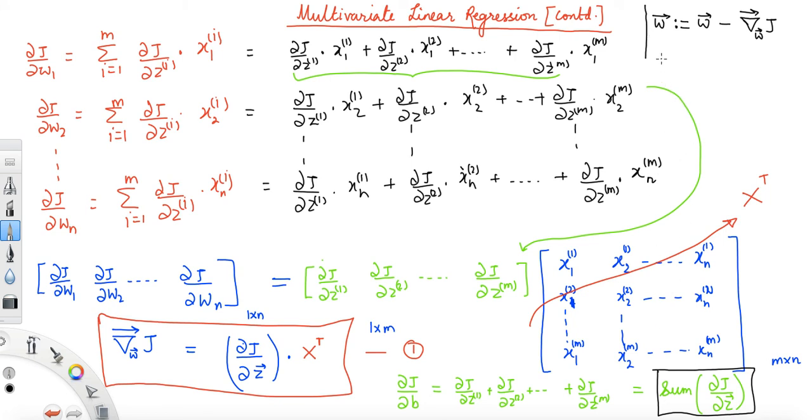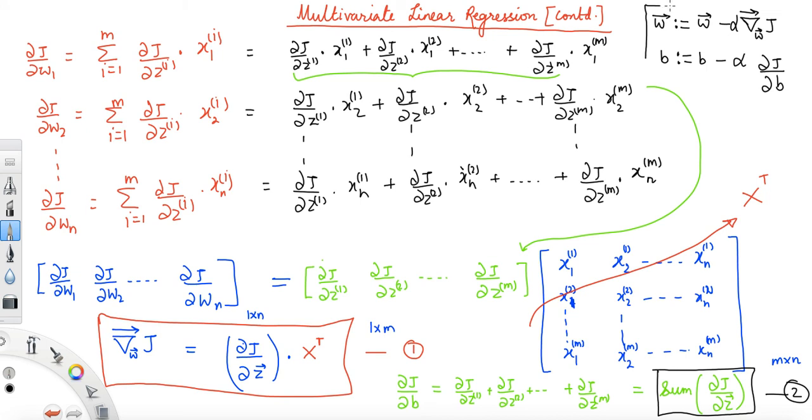And similarly for bias b, we have this update. b is updated as b minus this equation. This is the second equation we have, del J over del b, which is expressed as the sum of all the elements of this row vector del J over del z vector. So b is updated as b minus alpha, where alpha is the learning rate, times del J over del b.